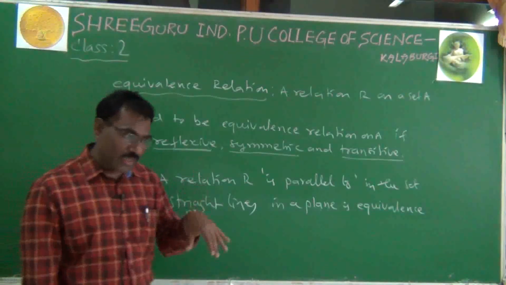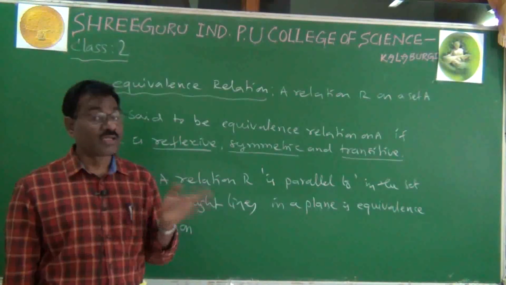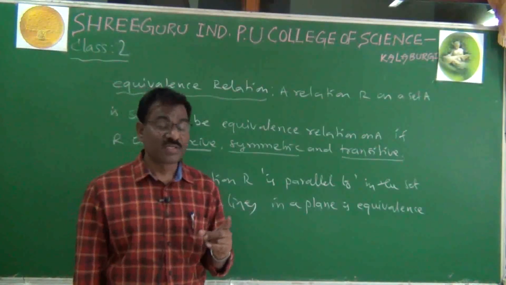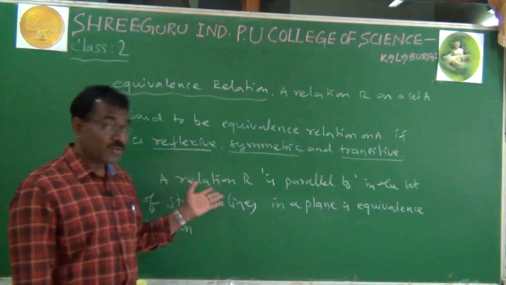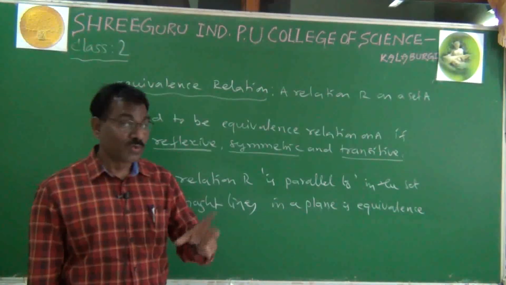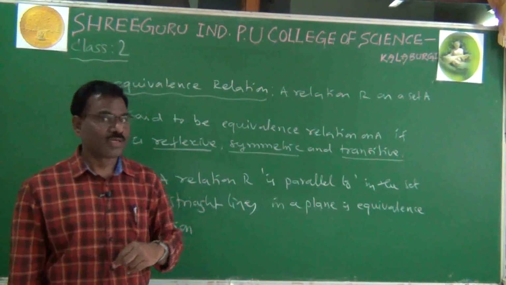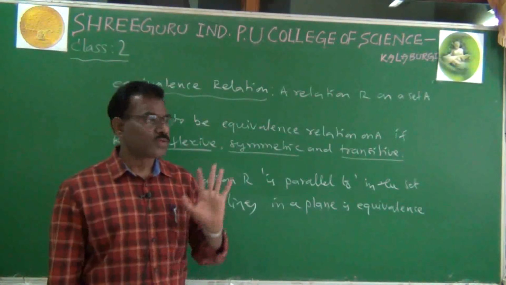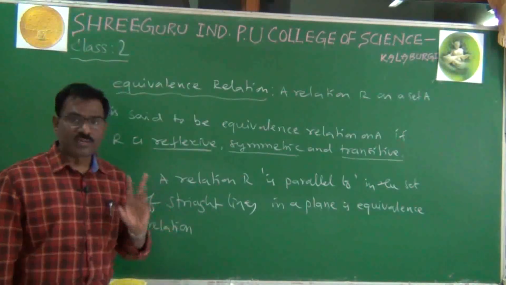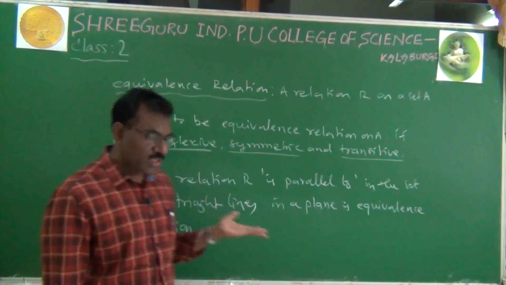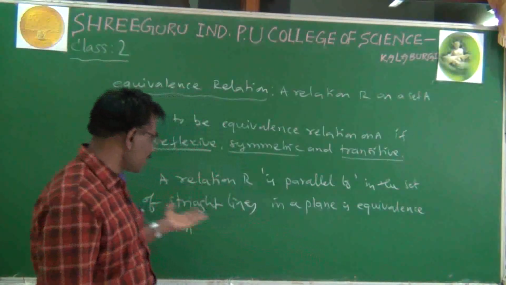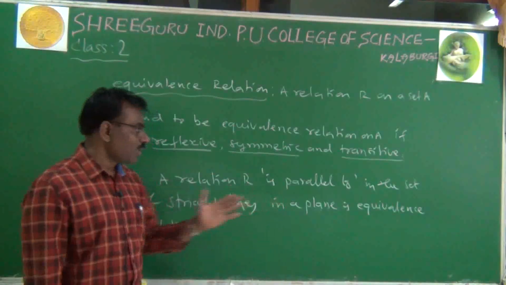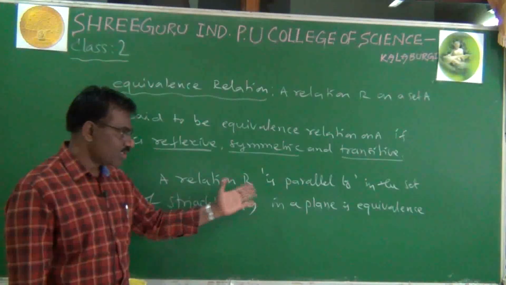When you are taking set A, the relation on A is compulsory. Without set A, if you are taking an equivalence relation, that is wrong. Isn't it? For example, {(1, 1), (2, 2), (1, 2)} without a set, if you write that as an equivalence relation example, that is 100% wrong. So better to give two examples, one using set A and one without set A. In general, a relation R "is parallel to" in the set of straight lines in a plane is an equivalence relation.